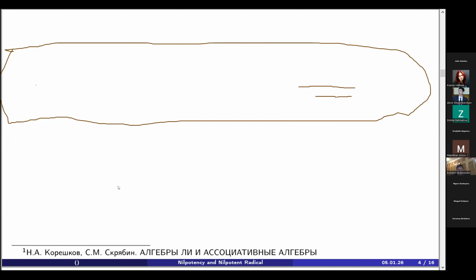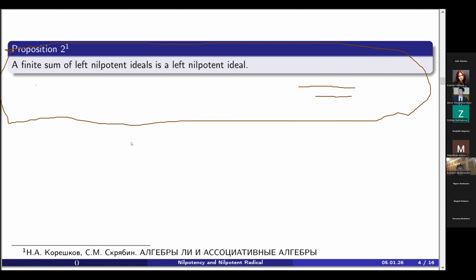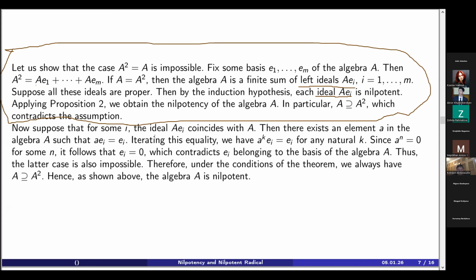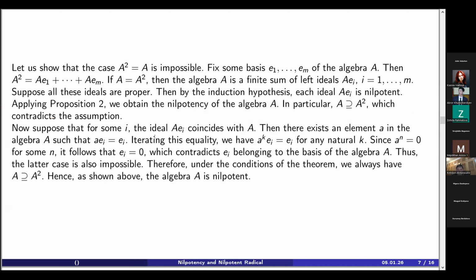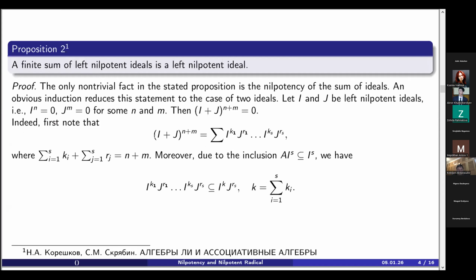Поняли, нет? Там тоже left было написано, да? Покажите proposition. Да. Left идеал. Ну хорошо. Тогда вопросов нет.